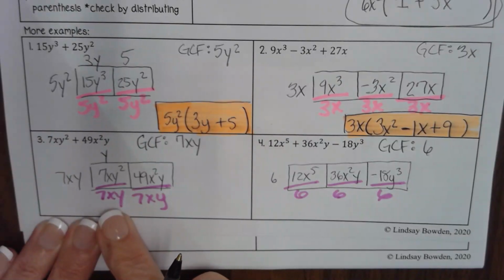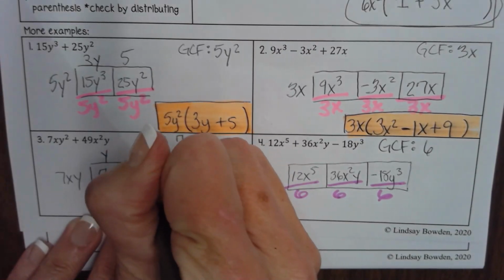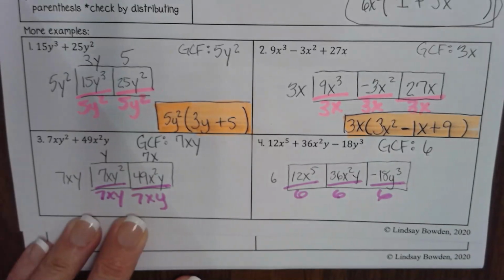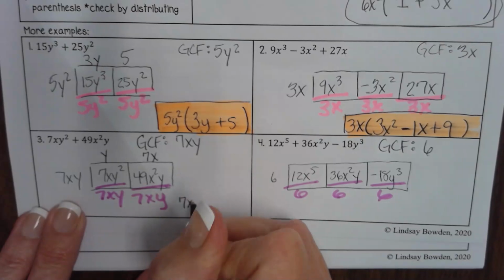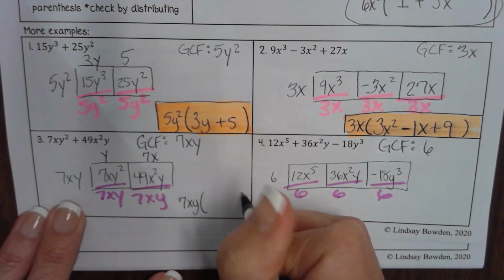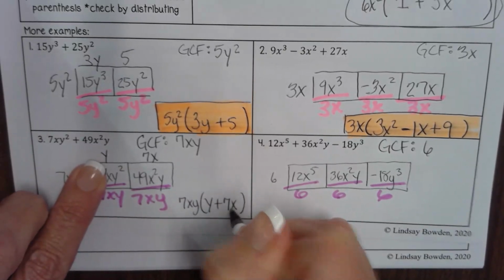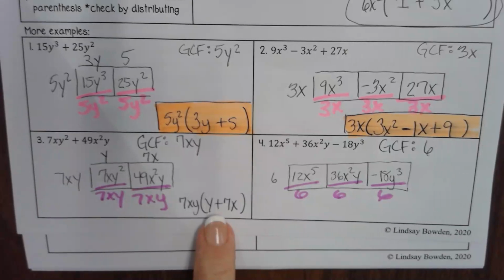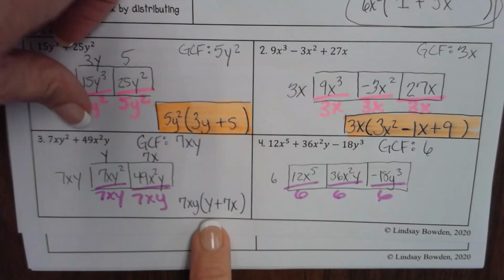Y or 1y, doesn't matter. When I divide here, I get a 7x. So the factored form is GCF on the outside, in the parenthesis is a y plus 7x. Factored form, standard form.